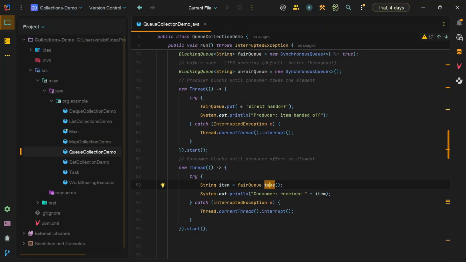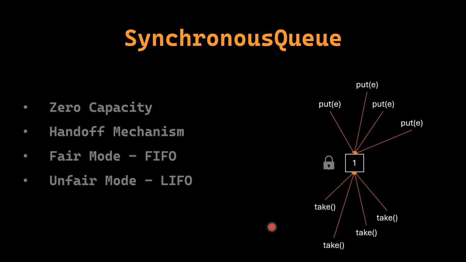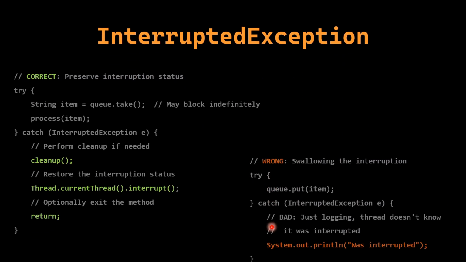Now let's discuss a critical aspect of blocking operations. All blocking operations in blocking queue can throw interrupted exception.